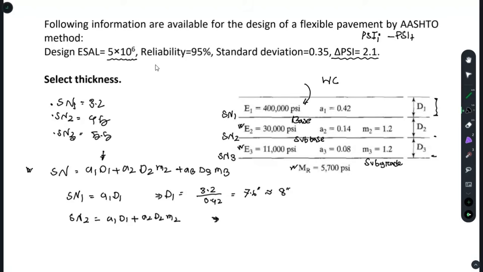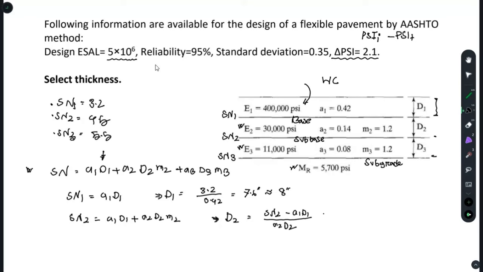But my goal is to find out D2. So for that, I'll keep everything on the right hand side. So I will get SN2 minus A1, D1, and these things will be divided by A2, M2.